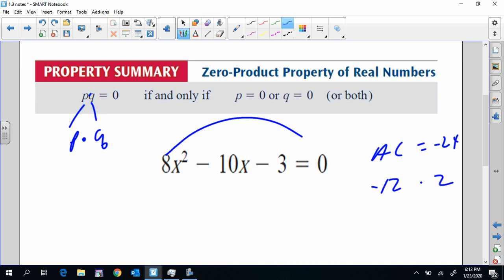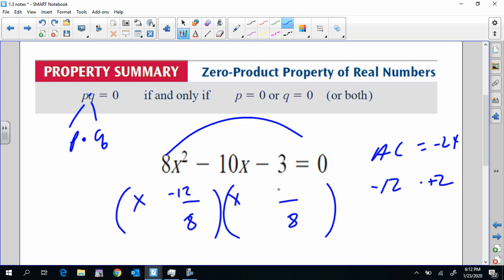I want the 12 to be negative. I want the 2 to be positive. And I want my over 8s on both binomials. My magic numbers must be negative 12 and positive 2. And we're going to set each factor equal to 0 after we get the true factors.